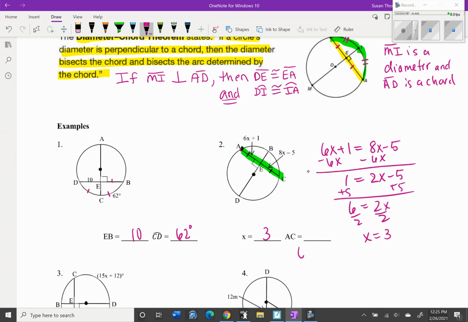AE is 6x plus 1, so 6 times 3 plus 1 is 18 plus 1, which gives us 19. So that's for AE, which means AC would be 2 times 19, which gives us 38.